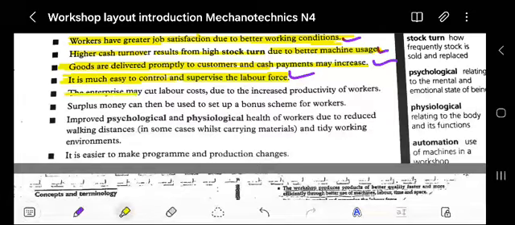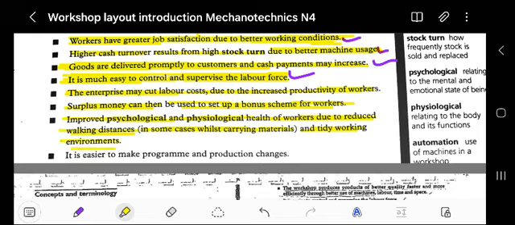The enterprise may cut labor costs due to the increased production. Right, the saved money can be used to set up a bonus scheme for workers, and to improve the psychological and physiological health of the workers due to reduced working distance. Yes, in some cases they were carrying material in a tight working environment.